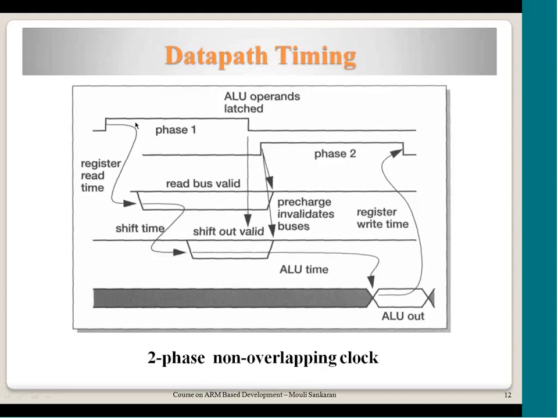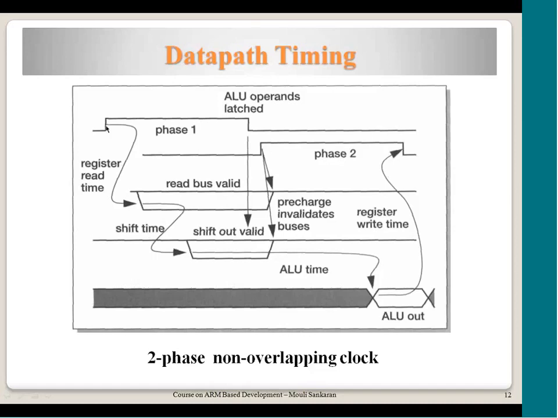This actually allows time for the barrel shifter to do its job and make the result available in the same clock. So immediately after getting both the operands, the ALU operates on them, whether it is add, arithmetic, multiplication or subtraction, and then the result is available here. During that time phase 2 is active, and the register which is supposed to read the output coming from the ALU is open and the result gets written into that register.